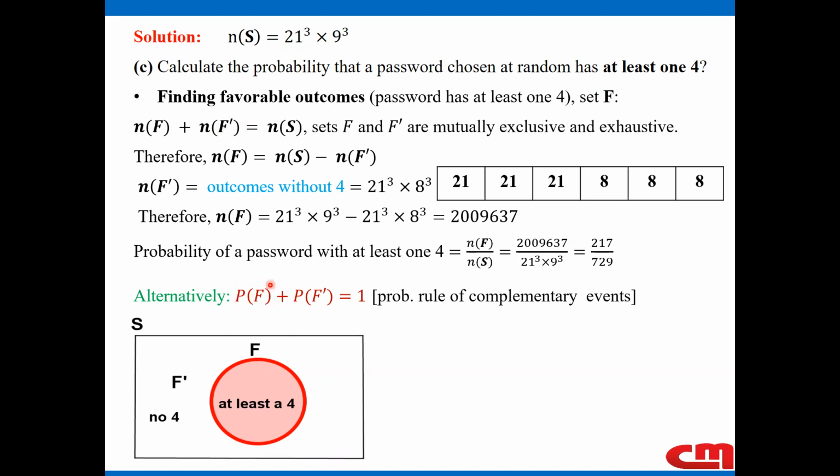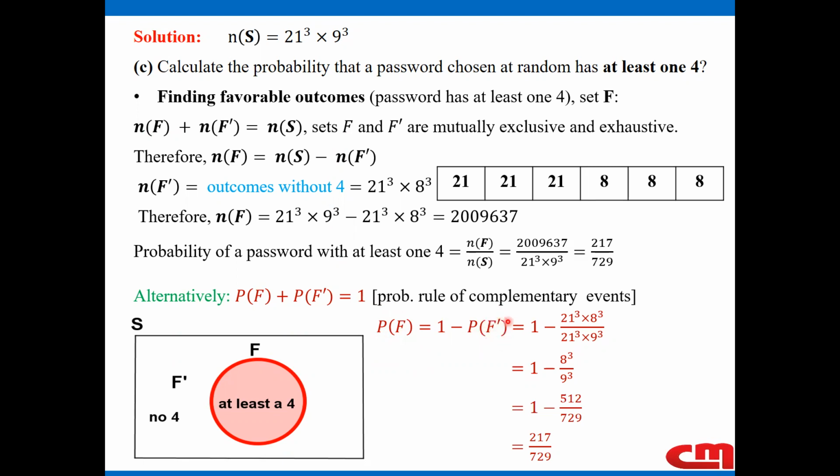Then I have to make this the subject of the formula by subtracting this from 1. And I'm talking of probability, which is different, because earlier I was talking of just the number of elements. So the probability of F happening is equal to 1 minus the probability of the complement of F.